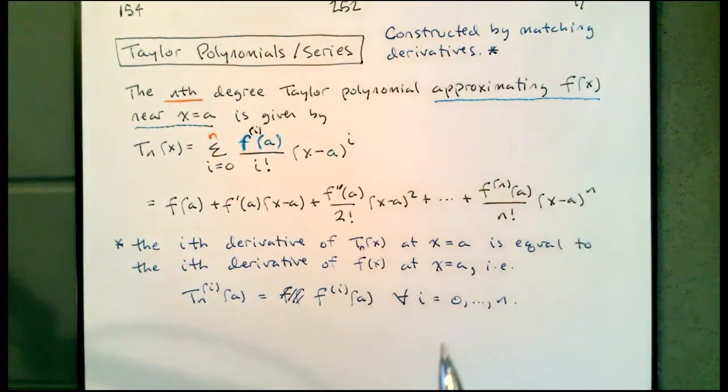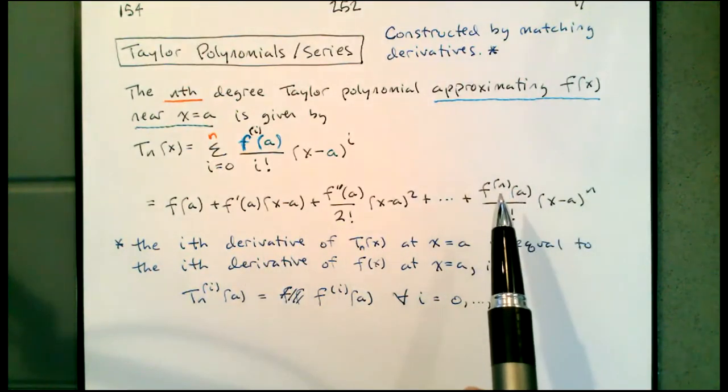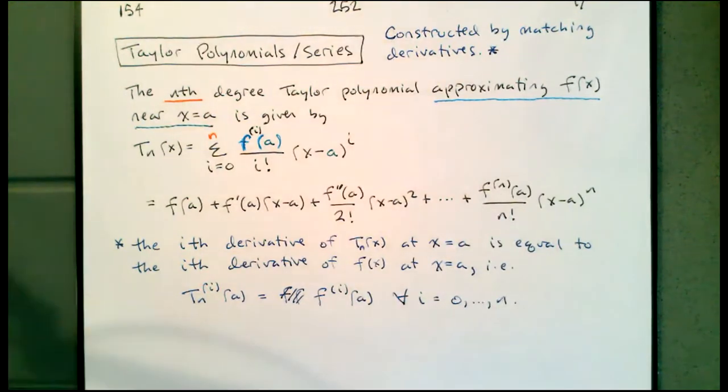And so by the time we get to the nth derivative, we're just left with the constant f^(n) of a. So it makes sense that those factorials are there. Those factorials are there to cancel out moving the exponent down into the coefficient, multiplying the coefficient by the exponent.